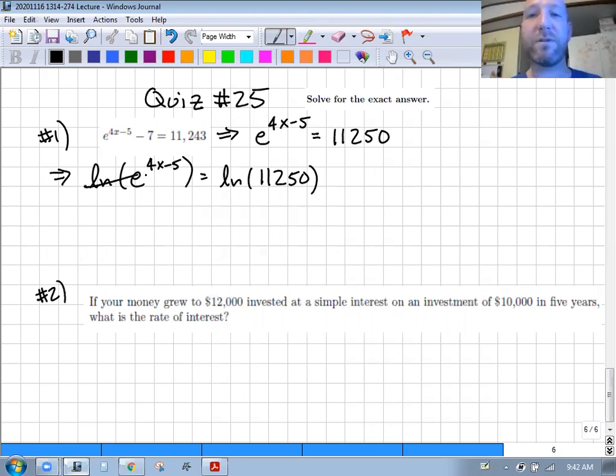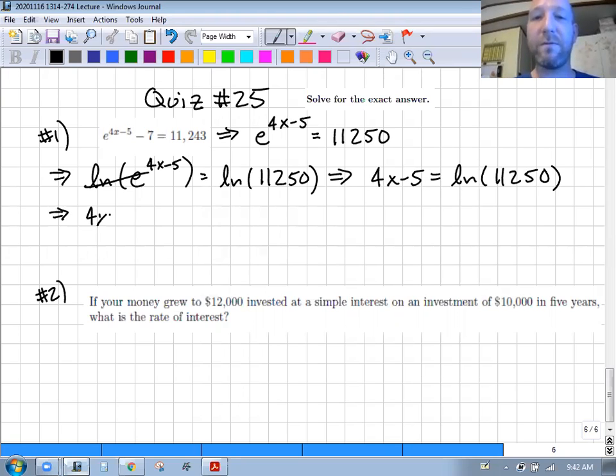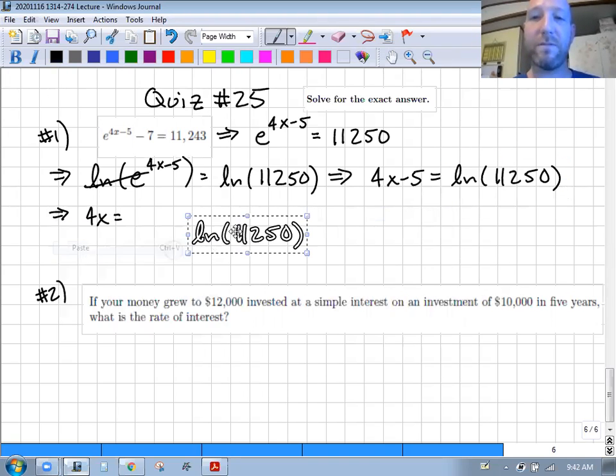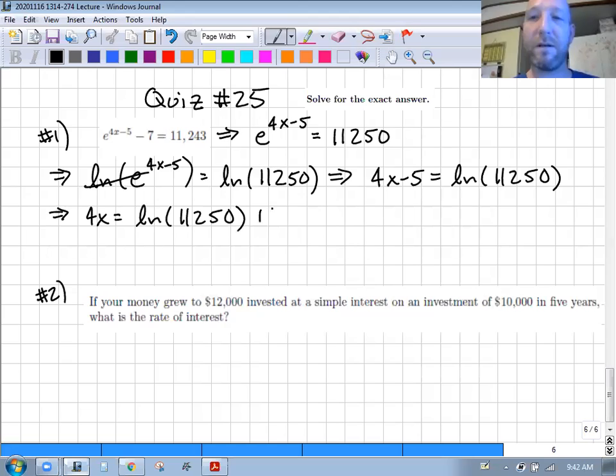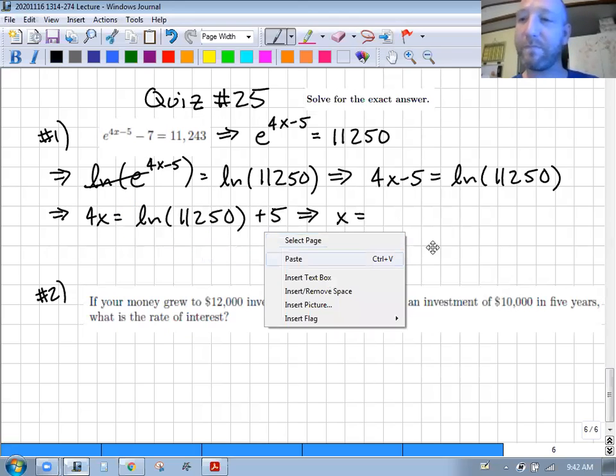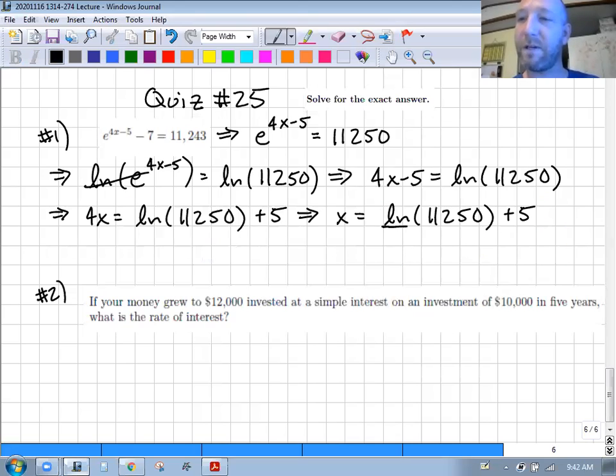The natural log and the e undo one another. We get 4x minus 5. So the natural log of 11 to 50. So add 5 to both sides. 4x equals this, and then a 5. Now divide both sides by 4. We have x equals all of this divided by 4.